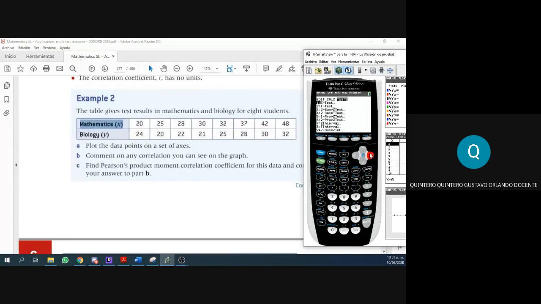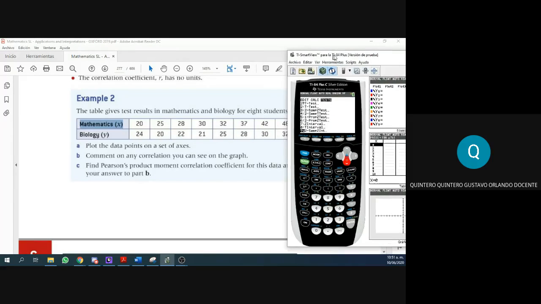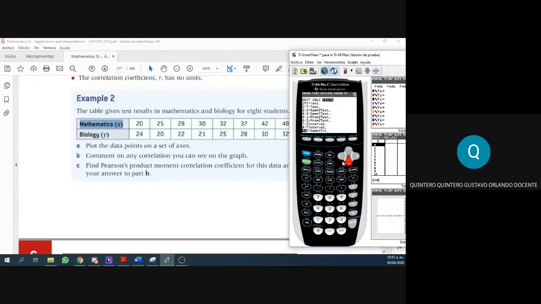I don't know if this is also in tests. I don't think it is. Give me a second. Let's see if it is in test. No, it's not in test. So okay, I don't know what happened to my calculator. Not working now.